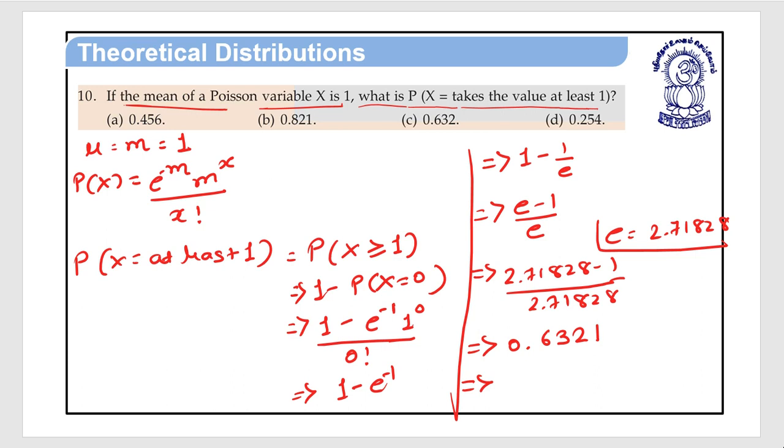Now compare with the options. Option C, approximate value is 0.632. So option C is the right answer.